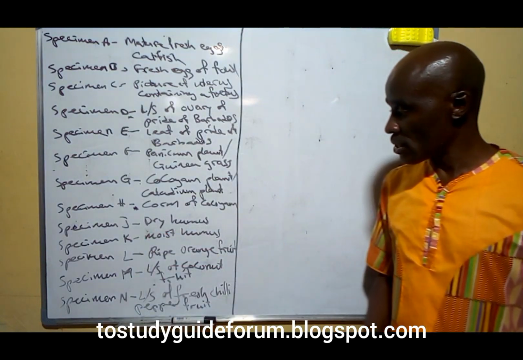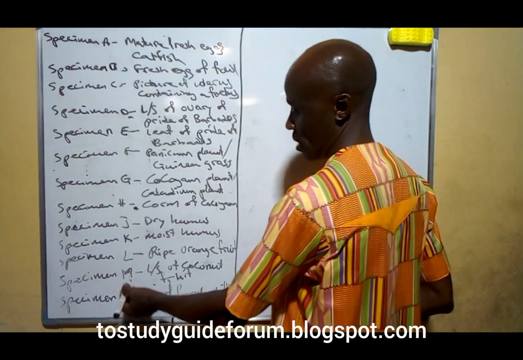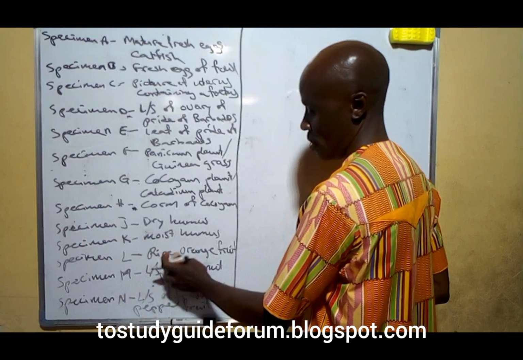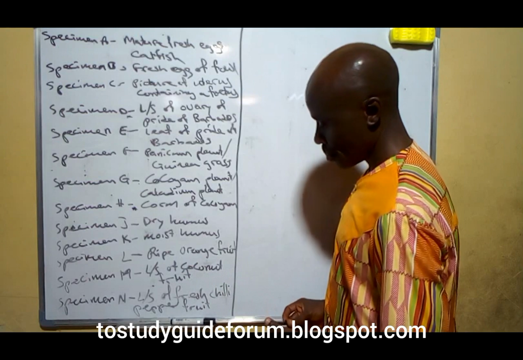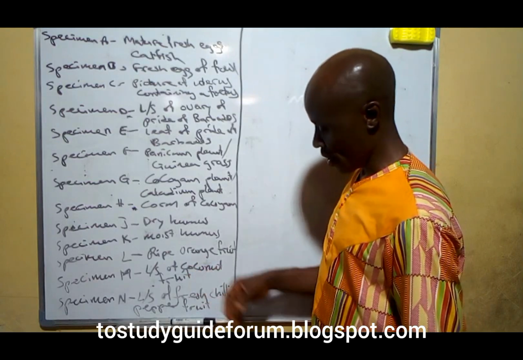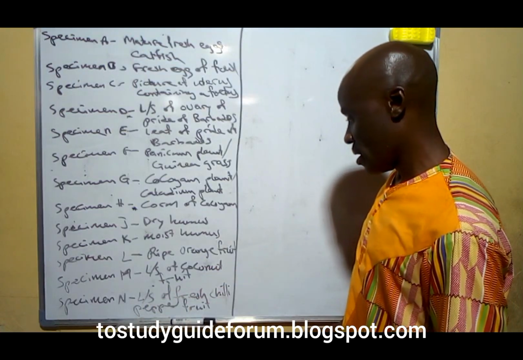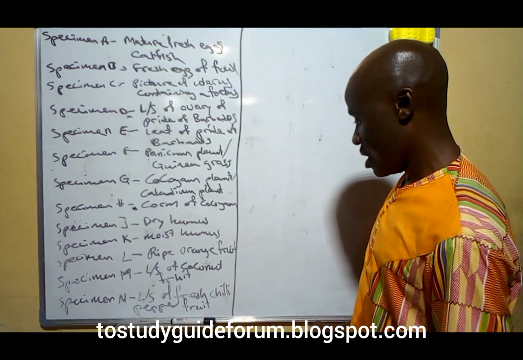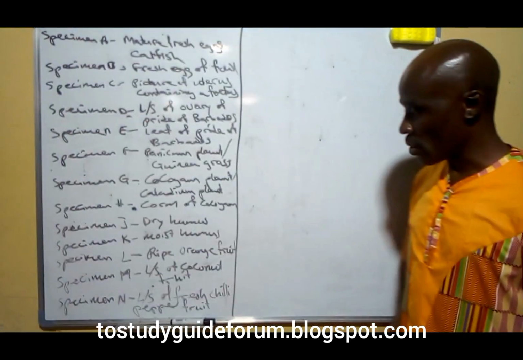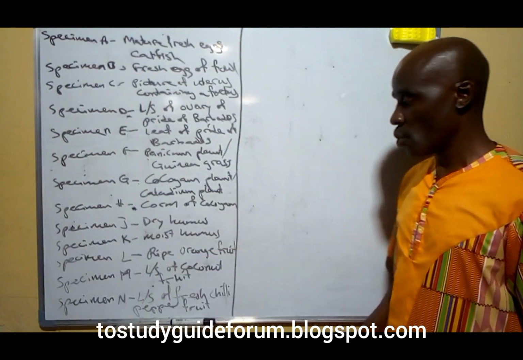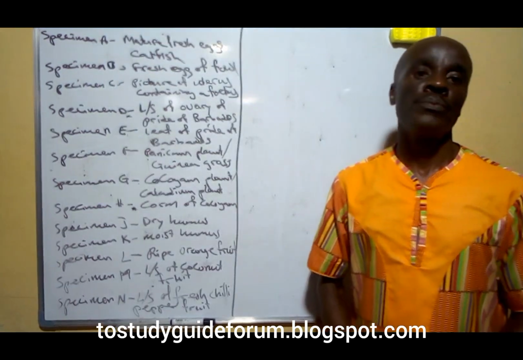Down to the other end, we have the last three, L, M, and N. This is ripe orange fruit, a longitudinal section of coconut fruit, and the last one is a longitudinal section of a fresh chili pepper fruit. All these have something in common too. All of them are fruits. So you are likely to expect something like placentation or types of fruits.